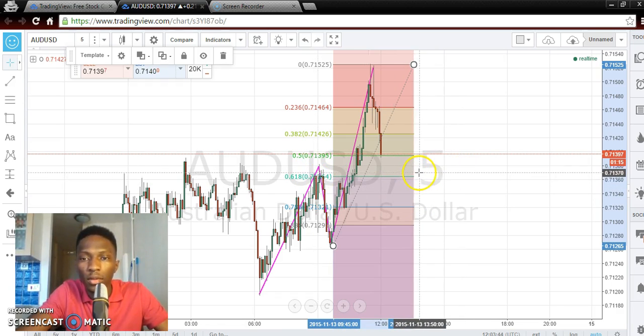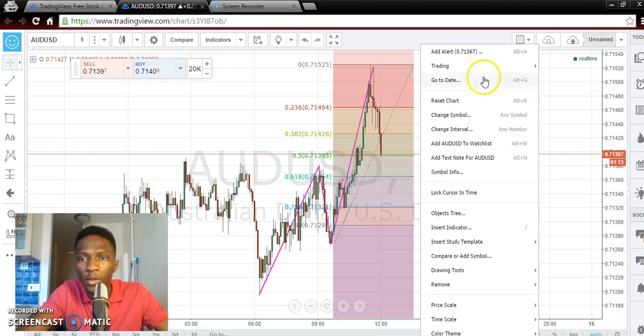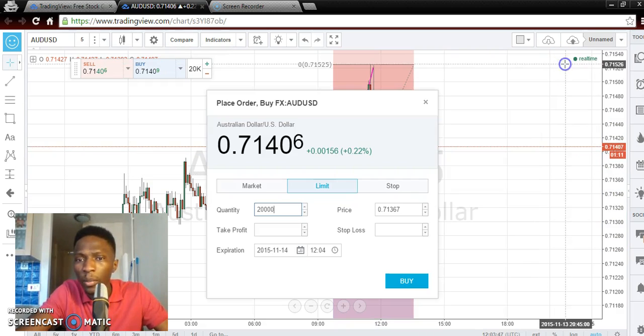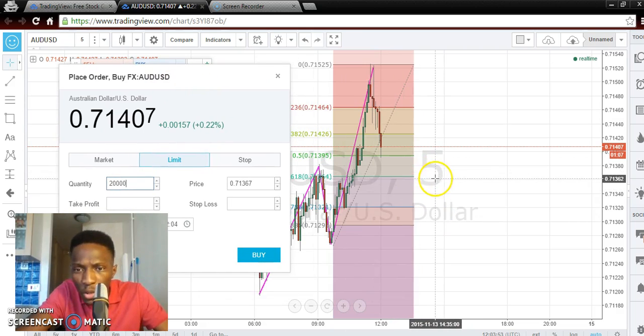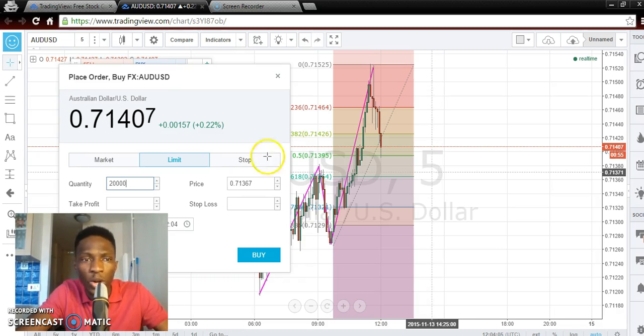So I'm going to go ahead and place a buy limit order. The retracement comes in at 71.36, but I'm going to put a limit order at 71.37 just so I get filled, because obviously I'm accounting for spreads.